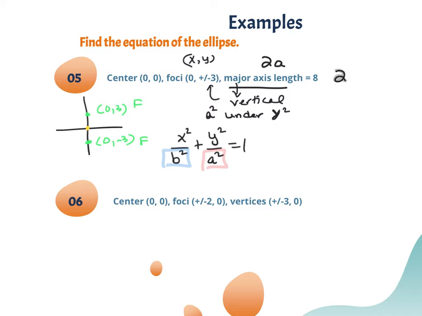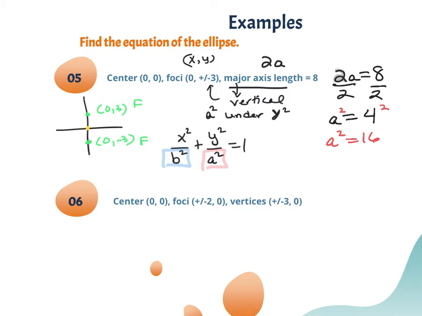So 2a equals 8. I'm going to solve for a. My a value is 4, but I don't need a, I need a squared. So then what I can do is square both sides of my equation. So a squared equals 16.